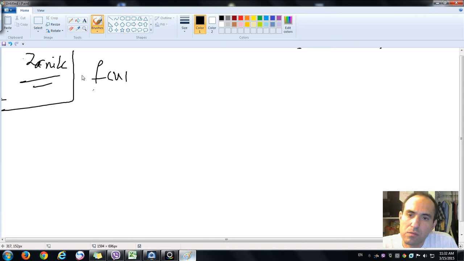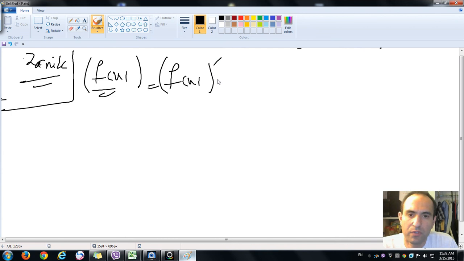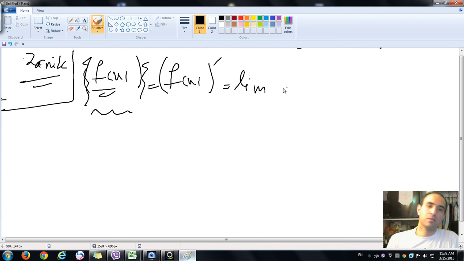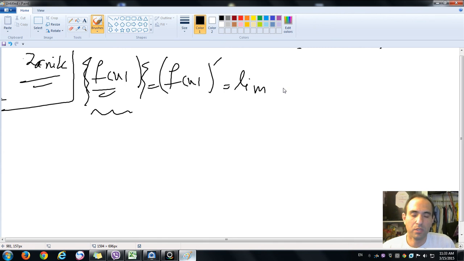When you have a function and you want to study that function, you derive it, you just shake it. When you shake it, it's in the limit, because you want to study that thing on a limit.